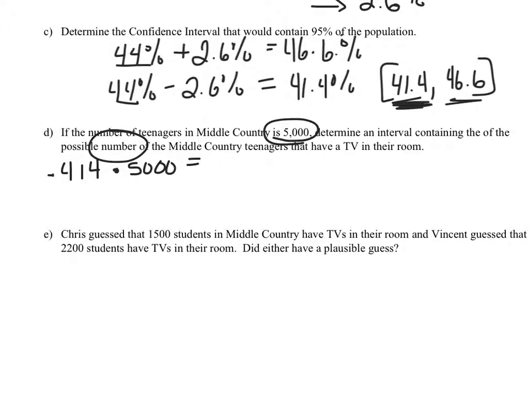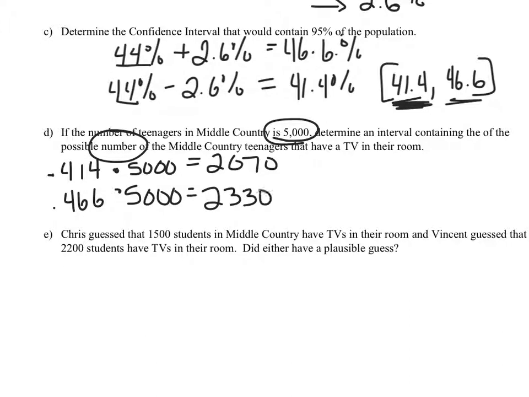And I take 0.466 and multiply that by 5,000. Instead of a percent of people, I'm getting a range of actual numbers of students. So the range is somewhere between 2,070 and 2,330 teenagers in Middle Country who have a TV in their room.